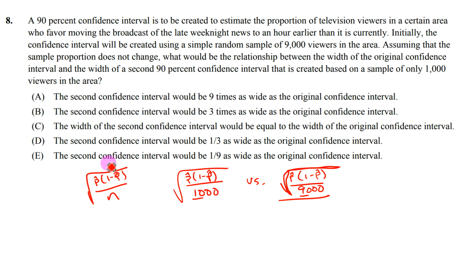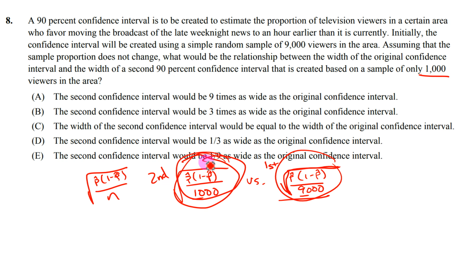The second confidence interval is the 1,000. So this one is 3 times this one. This is the second, my bad, and this is the first. So this one should be 3 times as wide. The first one would be 1/3 as wide. That's just the wording of the thing there, my bad. Okay.